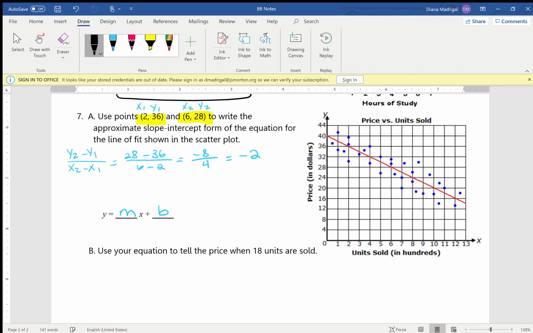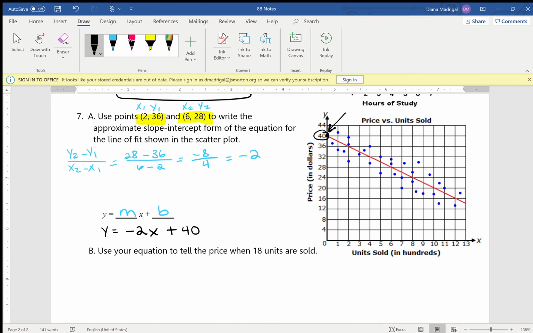That means my equation here is y equals negative 2x plus b, and remember, b is the starting point of the line. The line is this red line, which starts right here. That starting point on the y is at 40, so it's going to be plus 40.